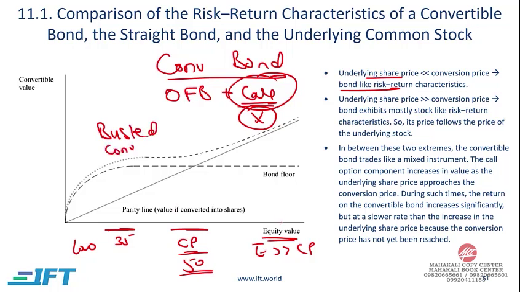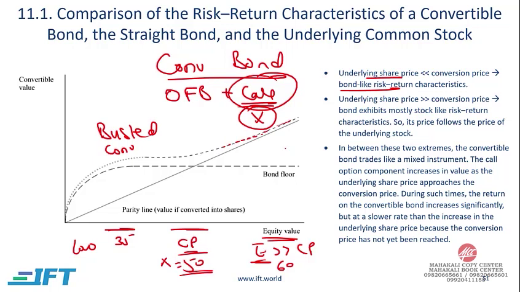Then the other extreme is where the equity price is much higher than the conversion price. So let's say the equity price is now 60, which is much more than the conversion price. Now the holder of this convertible bond has the right to convert the bond into shares, and that right is at the strike price of 50, which means that this option is well in the money, deep in the money. So here the value of the convertible bond will closely track equity.